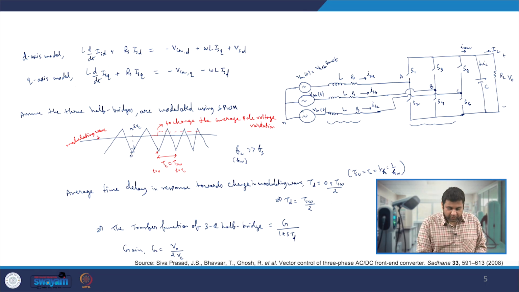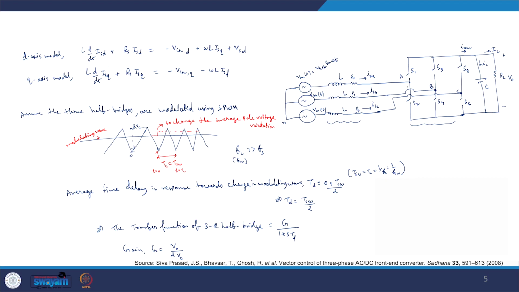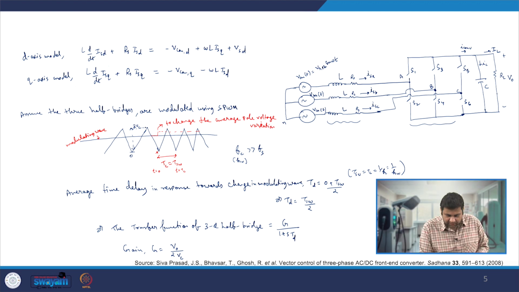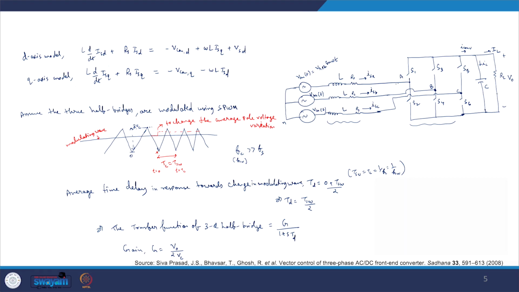Then when we are going from 0 to 2 Vc, if the modulating wave is here, we are applying the 0 voltage, and if our modulating wave reaches this peak value, 2 Vc, we are applying the V0 voltage at the output of the half bridge, because when the modulating wave reaches this point, at every instant of time my modulating wave is greater than the carrier wave, and I will always turn on the top switch, and that gives the voltage V0, with respect to this point, at the pole of the half bridge.